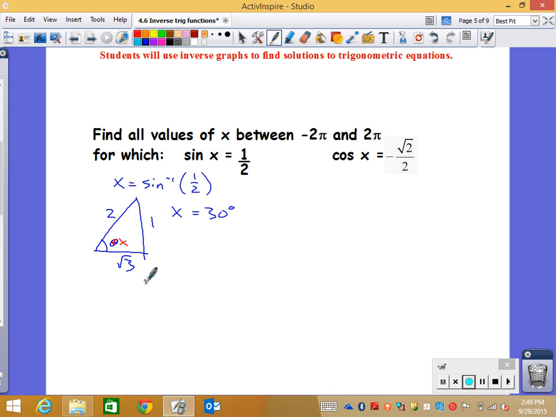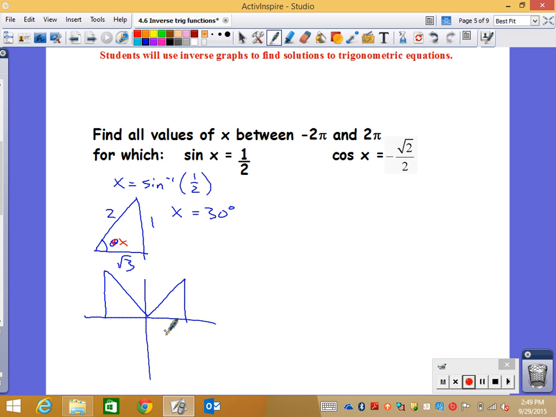So let's go to my coordinate plane here. Now I know sine is positive. So using my All Students Take Calculus, I know that I'm going to be in the first 2 quadrants, where my 2 triangles are going to be. Now this is only dealing with the bounds of 0 to 2 pi. We're going to deal with the bounds of negative 2 pi to 0 in just a second.